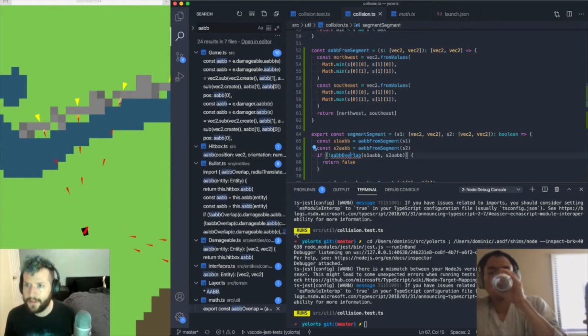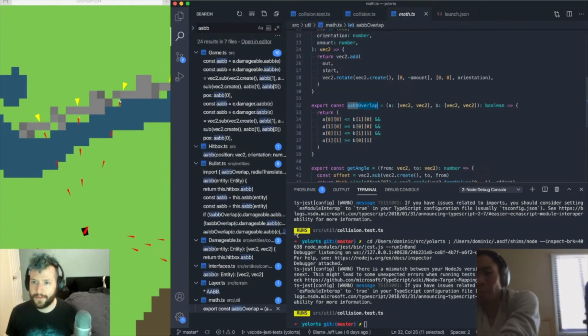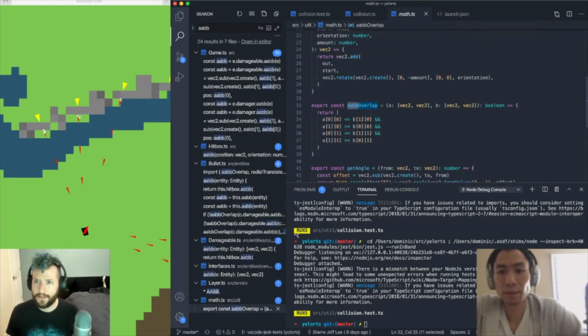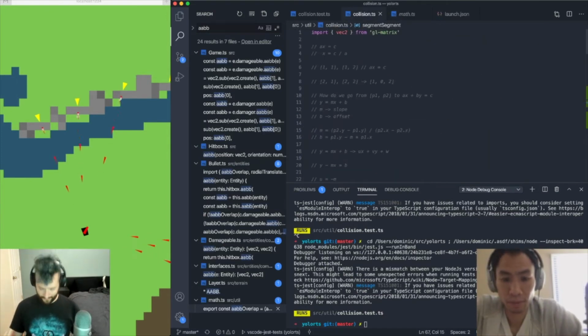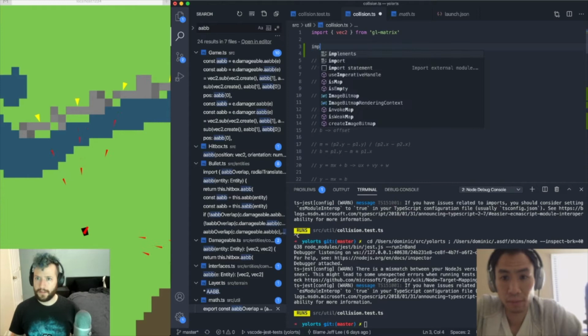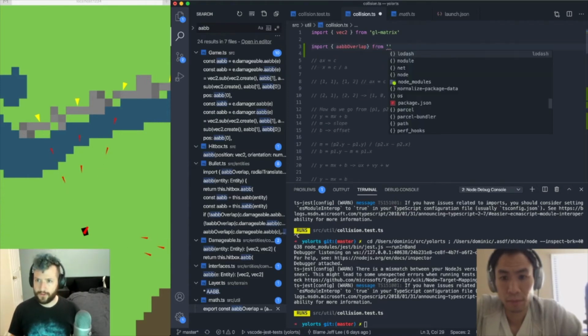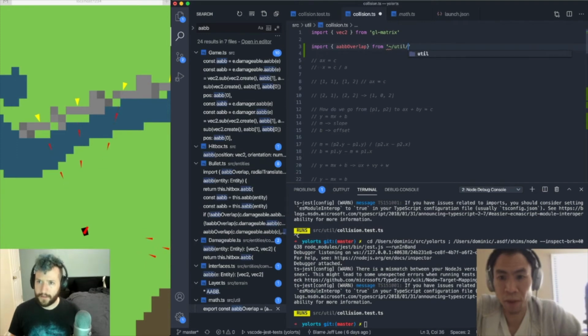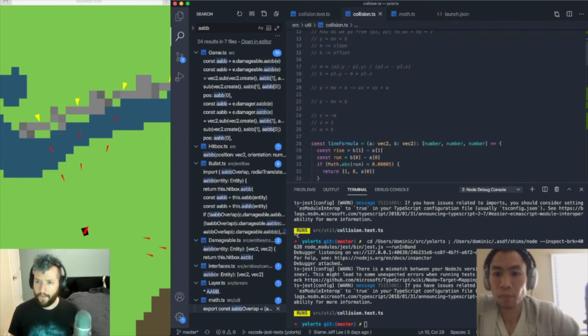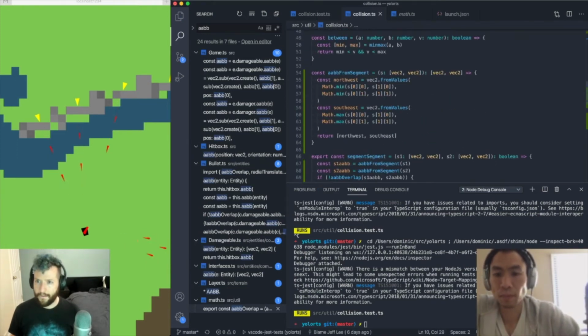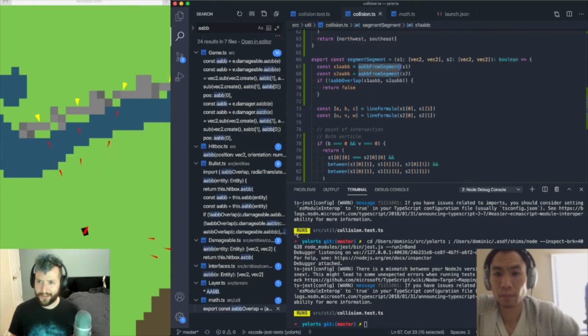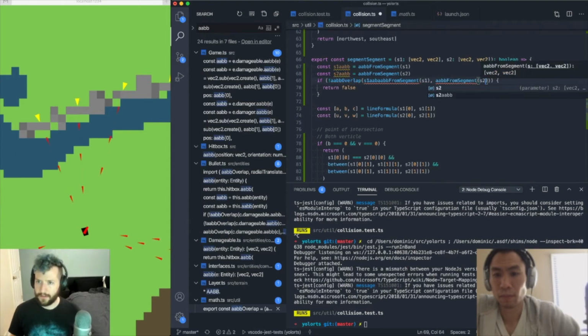Good point. No, I just wanted to see why this was not importing. Let's do it manually. Import AABB overlap from /math. And yeah, these variables don't need to be saved.